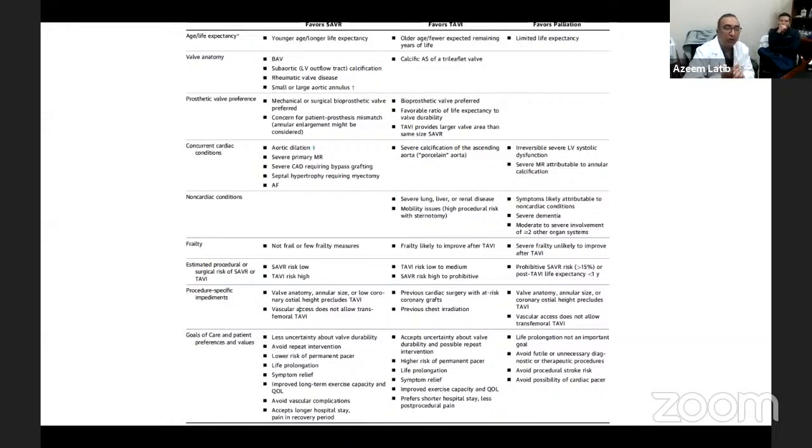We talked about age: the younger the patient, the longer their life expectancy, the more likely that favors surgical AVR. If they have bicuspid anatomy, subaortic or left ventricular outflow tract calcification, rheumatic disease, or a small aortic annulus, that favors surgical aortic valve replacement, whereas if it's tricuspid, it favors TAVI.